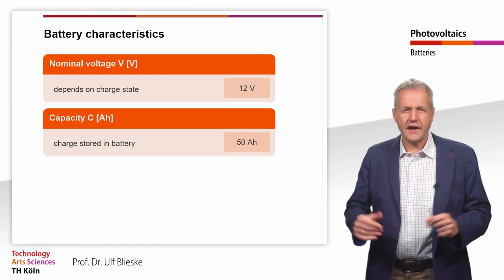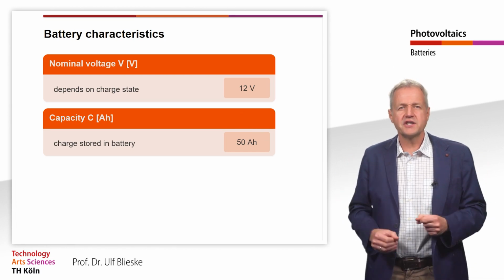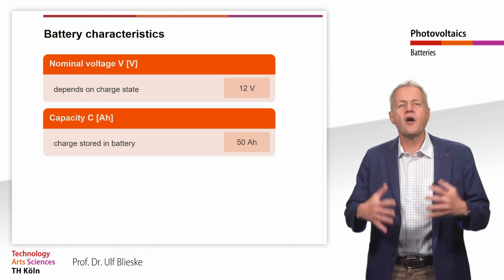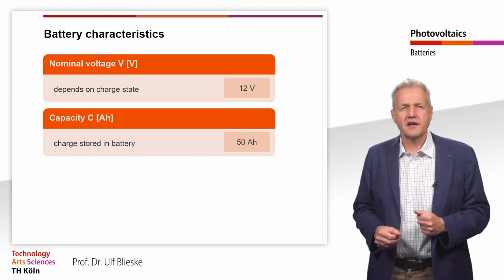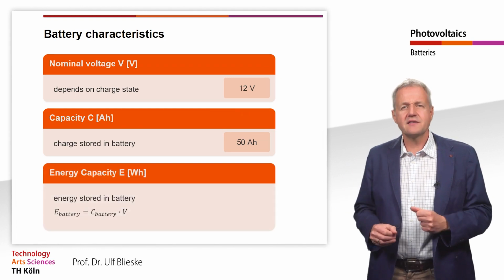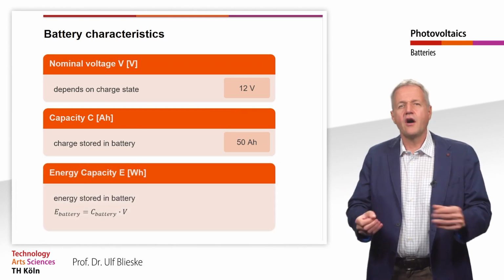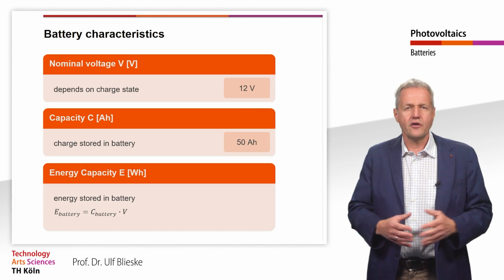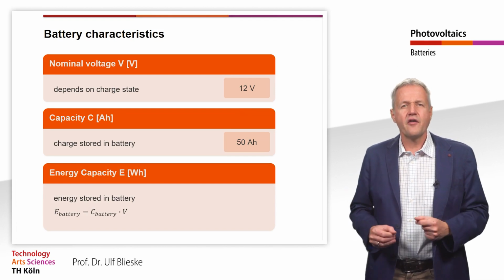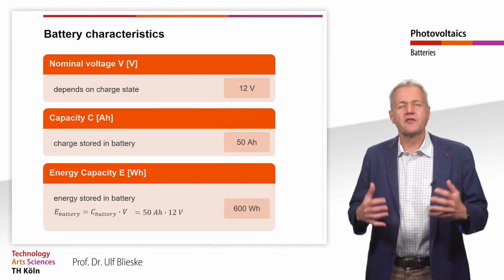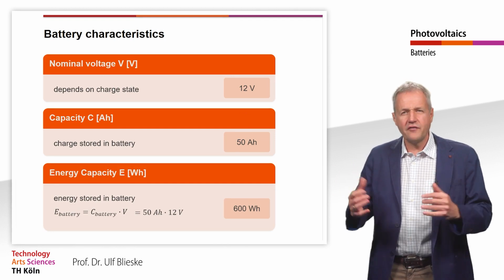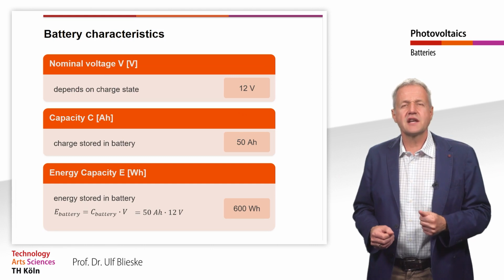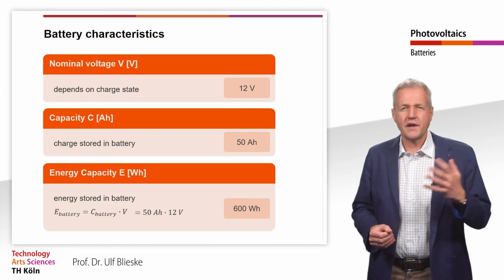Now, in practice, the amount of energy that a battery can deliver is often more of interest than the amount of charge. The energy capacity is simply the product of the capacity and the nominal voltage. The battery from our last example with 50 ampere hours and a voltage of 12 volt thus has an energy capacity of 600 watt hours.